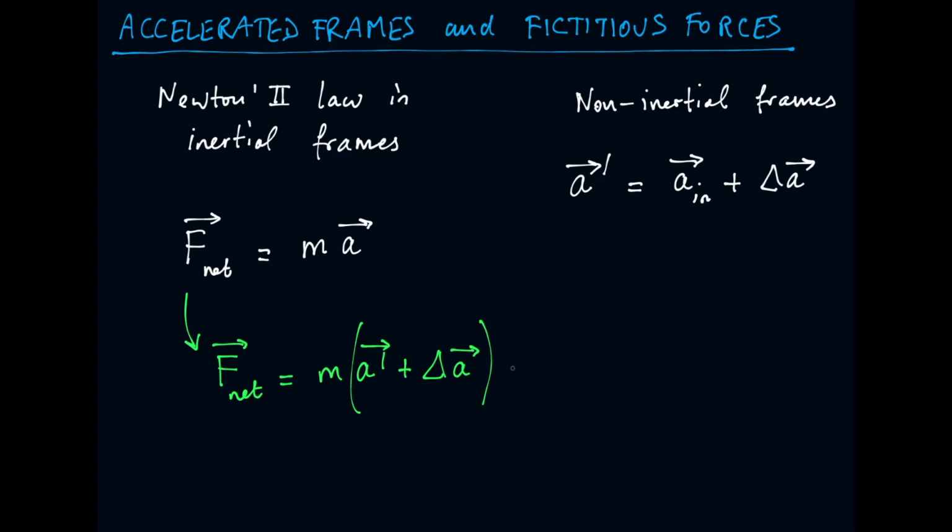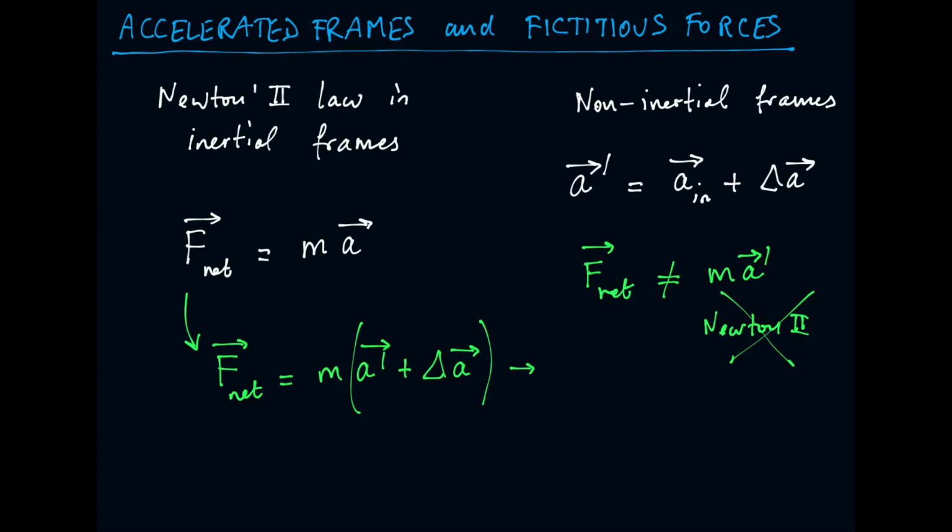And so this immediately tells me two things. One is that an observer in the accelerated reference frame doesn't have an expression for it, so Newton's second law does not hold. Newton's second law is not true.